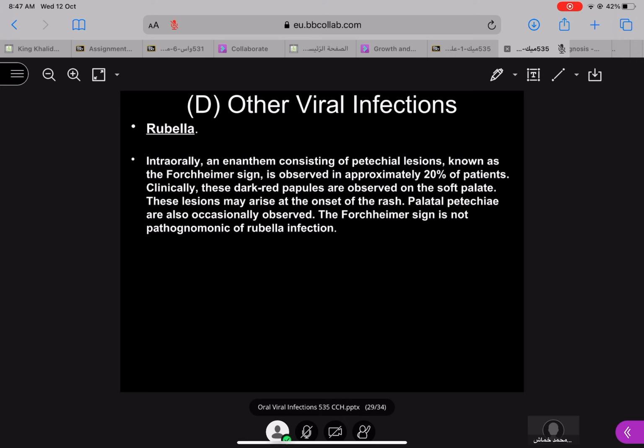Erythema consisting of petechial lesions known as the Forchheimer sign is observed in approximately 20% of patients. Clinically, these dark red papules are observed on the soft palate. These lesions may arise at the onset of rash. Petechiae are also occasionally observed.